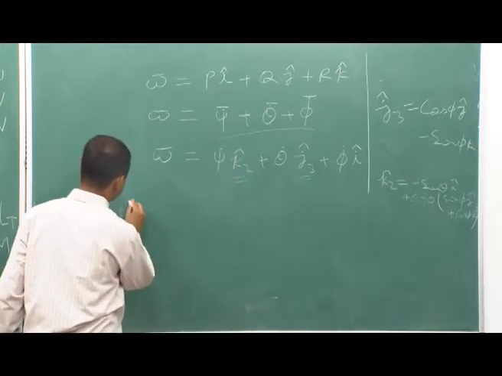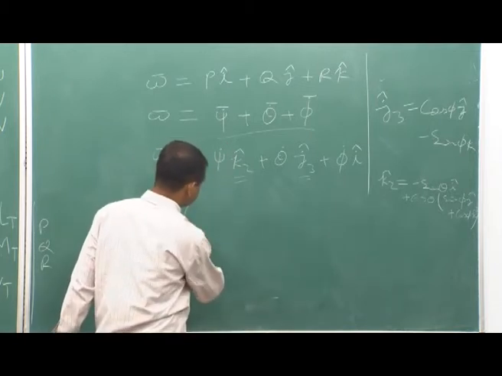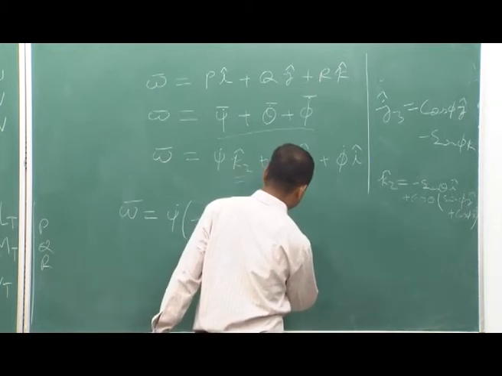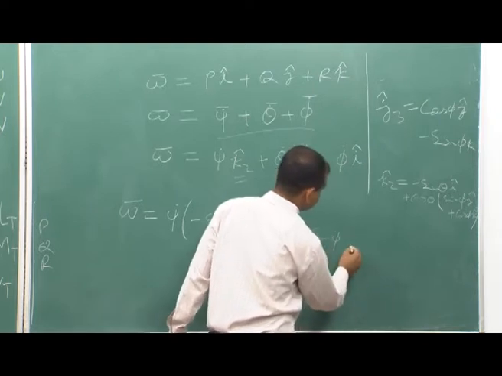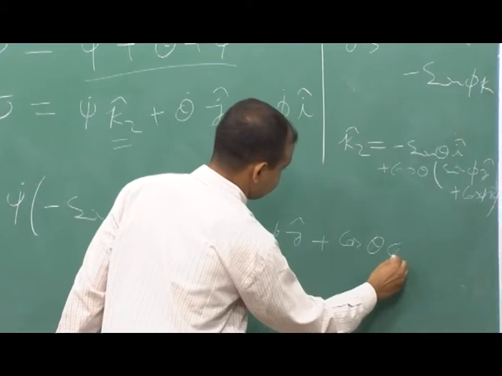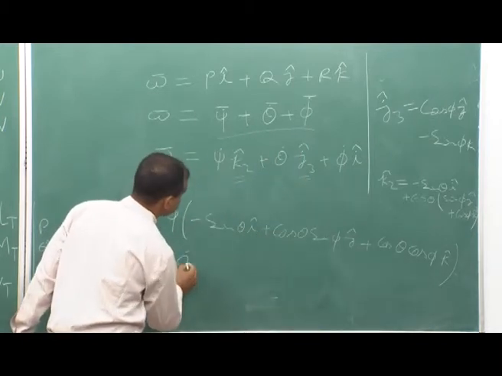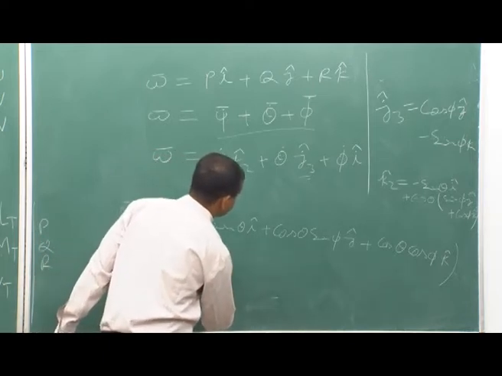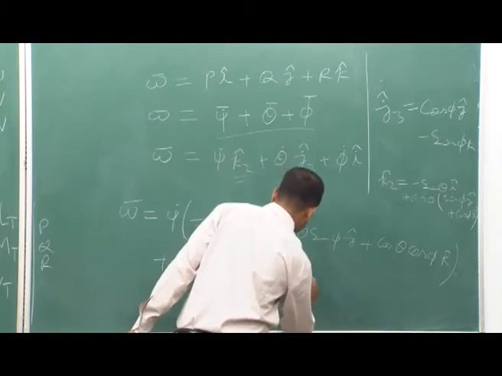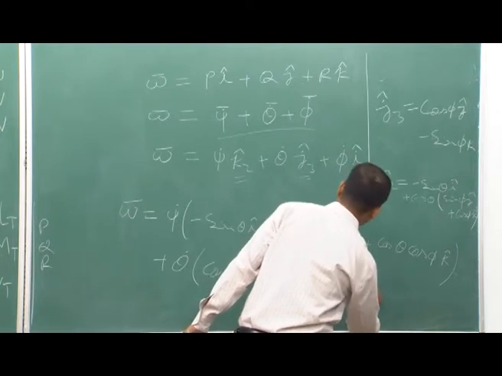So finally, I have omega equal to psi dot times K2, which is minus sin theta I plus cos theta sin phi j plus cos theta cos phi k, plus theta dot J3, and this I can write as cos phi j minus sin phi k, and this is already there, plus phi dot I.